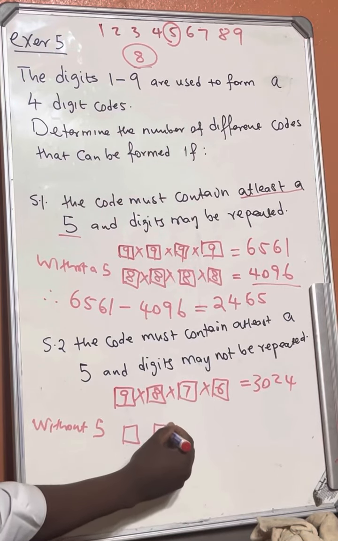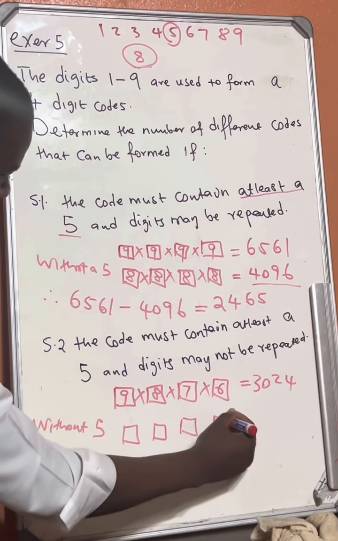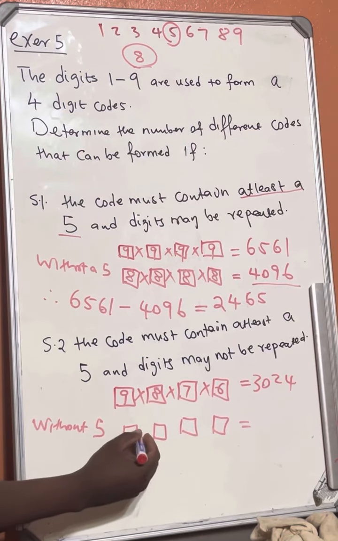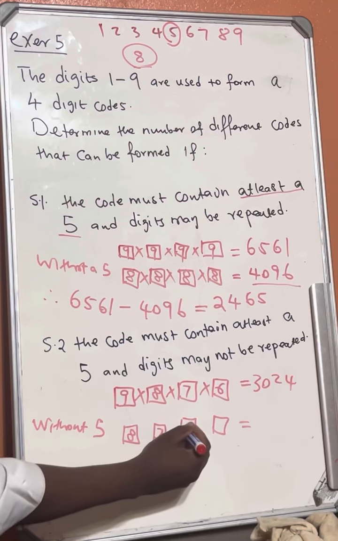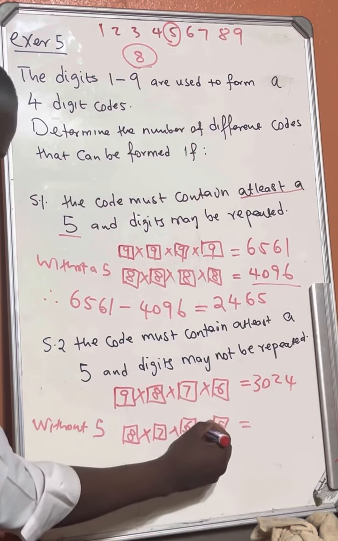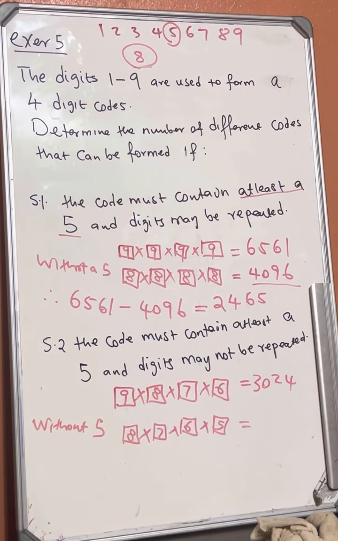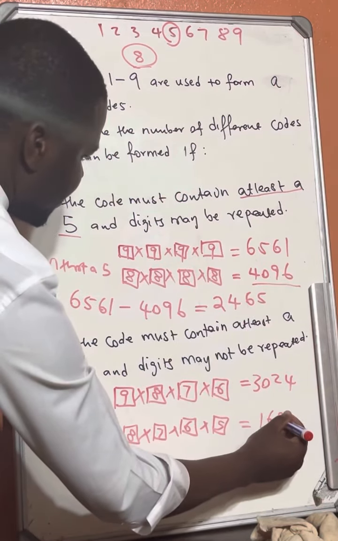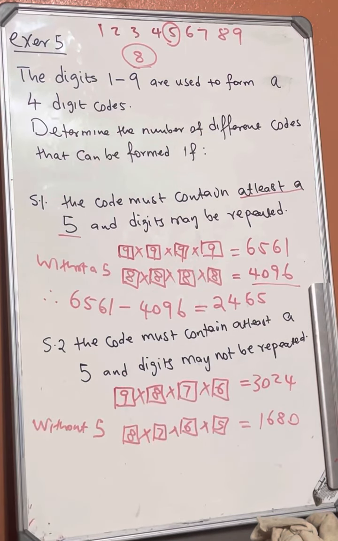Let me fill my blocks here. How many numbers are you choosing this one from now? There are 8. What about here? 7. What about here? 6. What about here? 5. Then you multiply. This is without a 5. 8 times 7 times 6 times 5, which is 1680. This is without a 5.